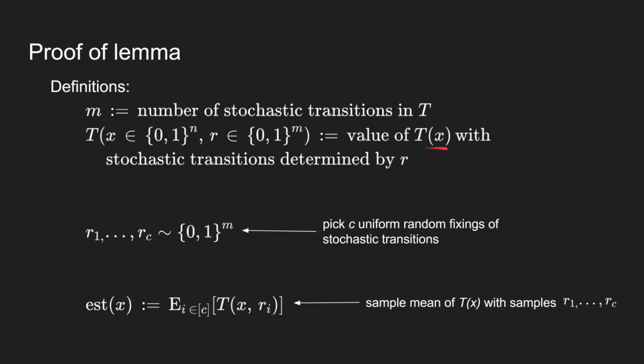That is, the value of T(x, R) is the value of T(x) with the stochastic transitions fixed by R. Then we draw R_1 through R_C, which we will fix C later, but these are C uniform random strings from {0,1}^M, each of which represents a random fixing of the stochastic transitions in T. Then we define our estimator, which is this random variable, the average of T(x, R_i). You can basically think of it as a sample mean for C independent trials of T, run once for each value of R_i.